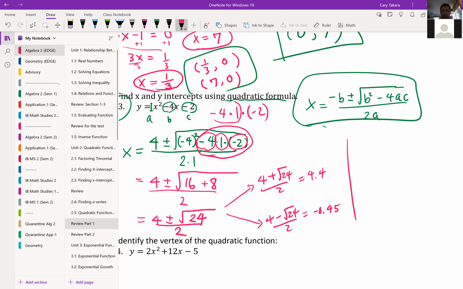And then the y-intercept, again, will be easy. It's going to be negative 2. It's the last number right there. So here's the x-intercept, and here's the y-intercept.